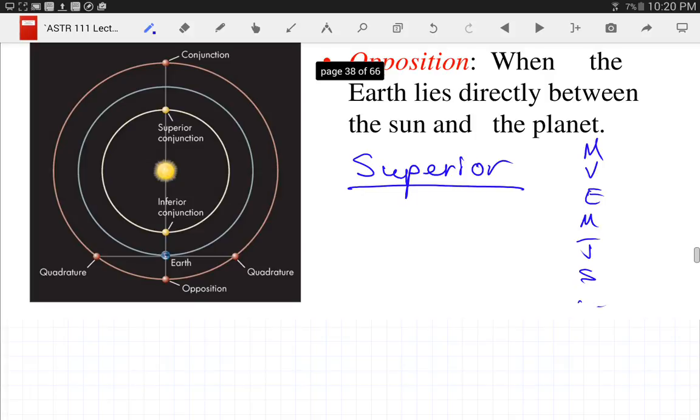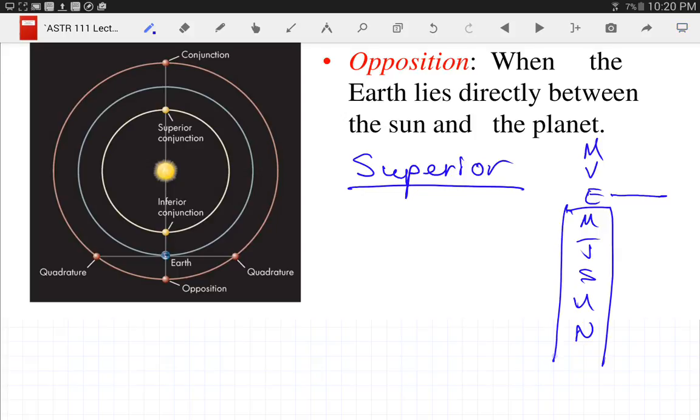See, now I put Neptune there instead of Uranus, Neptune. Okay, there we go. Of these planets, here's the Earth. Which ones are superior? All of these are superior.